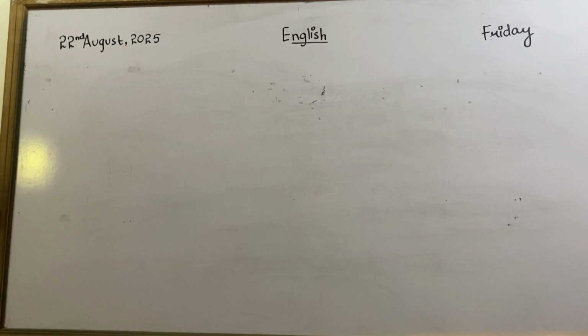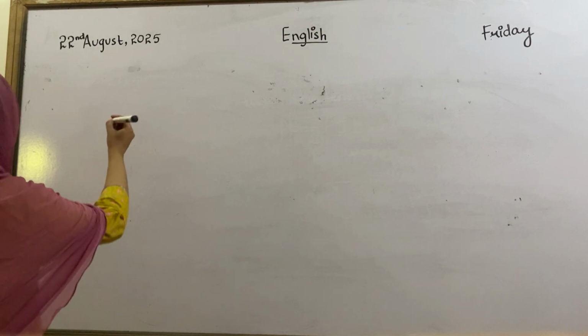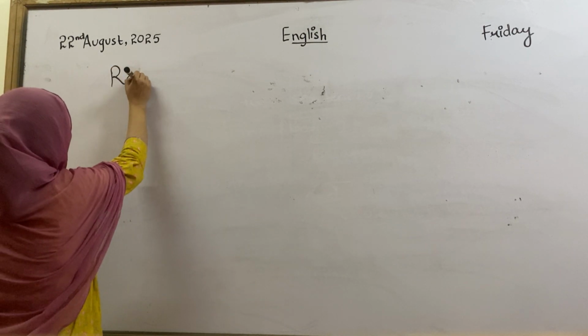Rehana? Conjunctions, very good. And Hania, there was one more topic that we did yesterday. What was it? Articles. That's great. So now we are going to revise the concept of articles and conjunctions first.